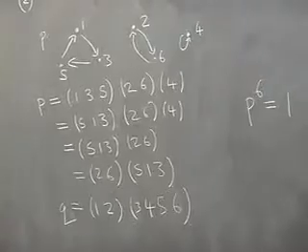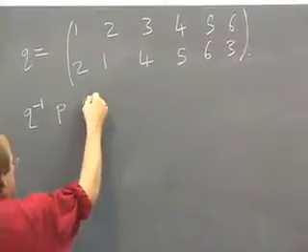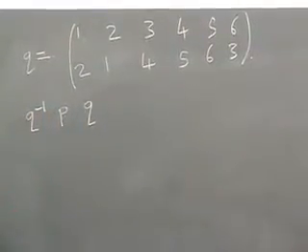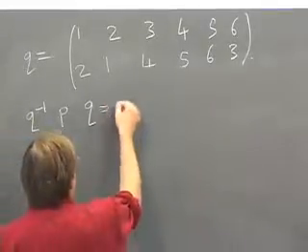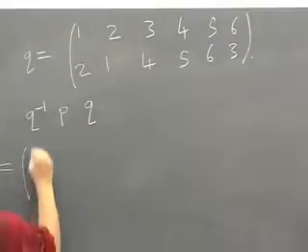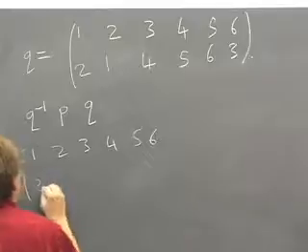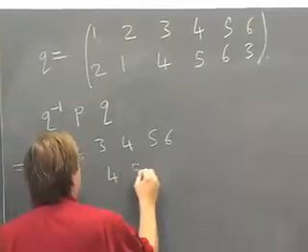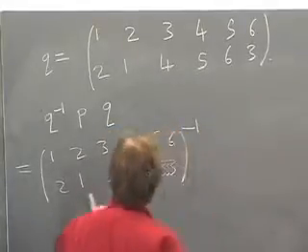Okay, well, the next thing I want to do is calculate the product Q inverse times P times Q. So let me write that. 1, 2, 3, 4, 5, 6, over 2, 1, 4, 5, 6, 3. Inverse. I'm going to write this in this shape.